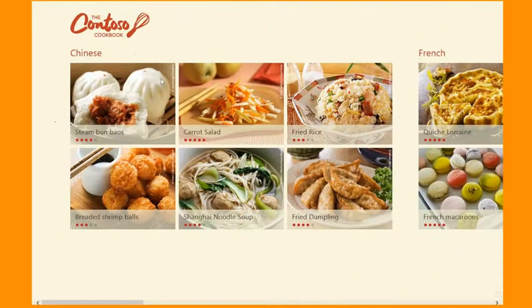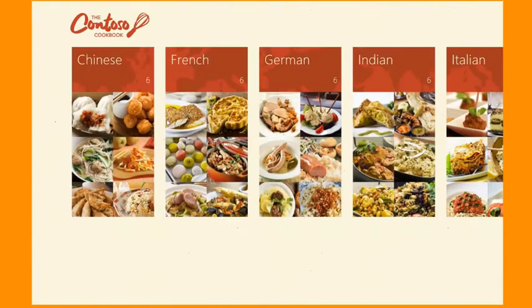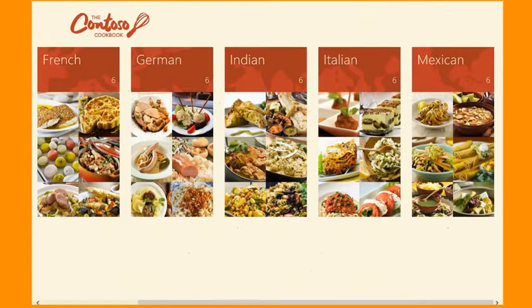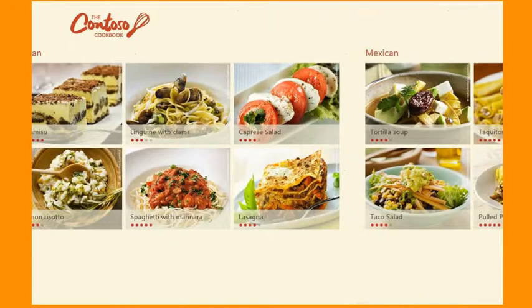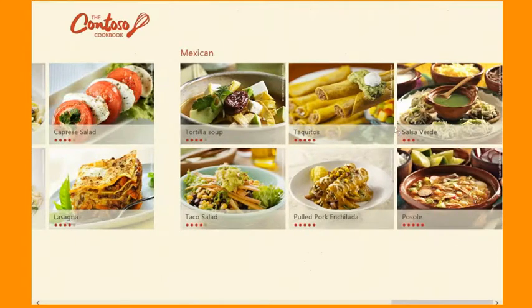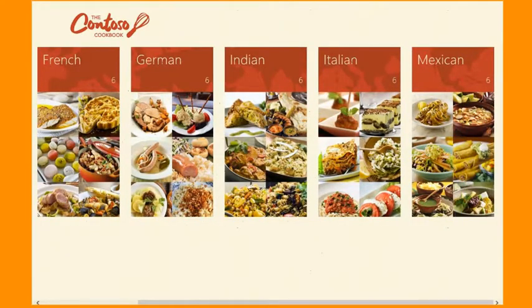And this one also has something called semantic zoom. So this is essentially control mouse wheel to zoom out. And this allows me to jump to a section that would have been maybe further down in the panorama. It gives me a convenient way to jump to it and get some additional details as well on it, like how many recipes are there total in that particular group.